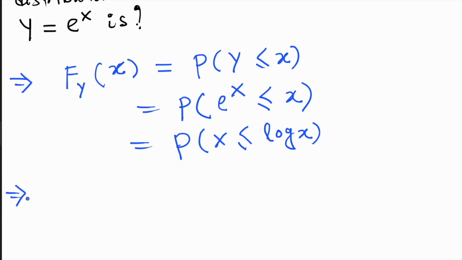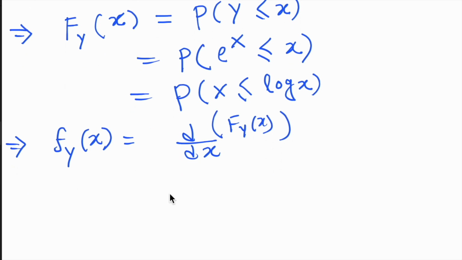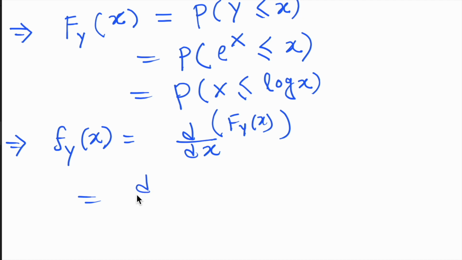Now we can calculate the distribution, the PDF of this function, as the derivative with respect to small x. So this is the derivative of the cumulative distribution function of x at the point log small x.